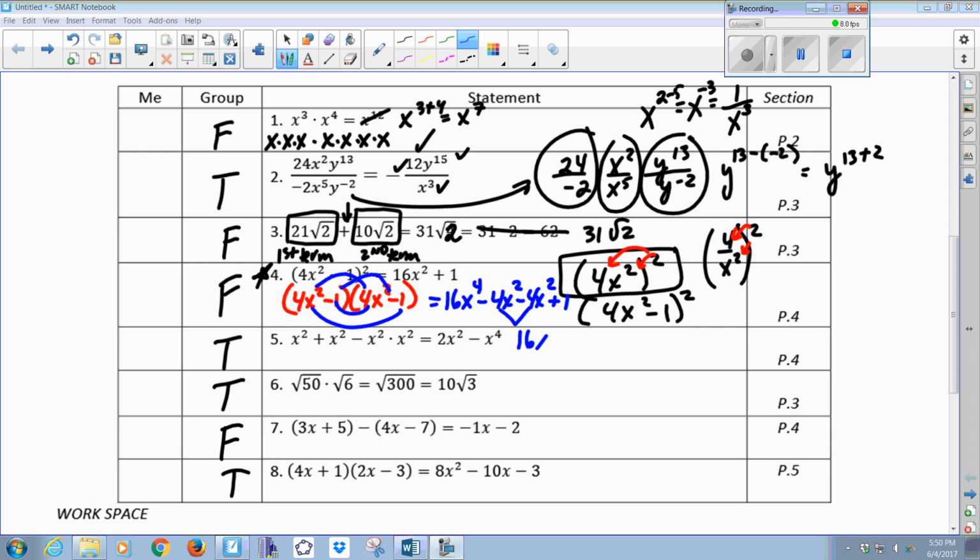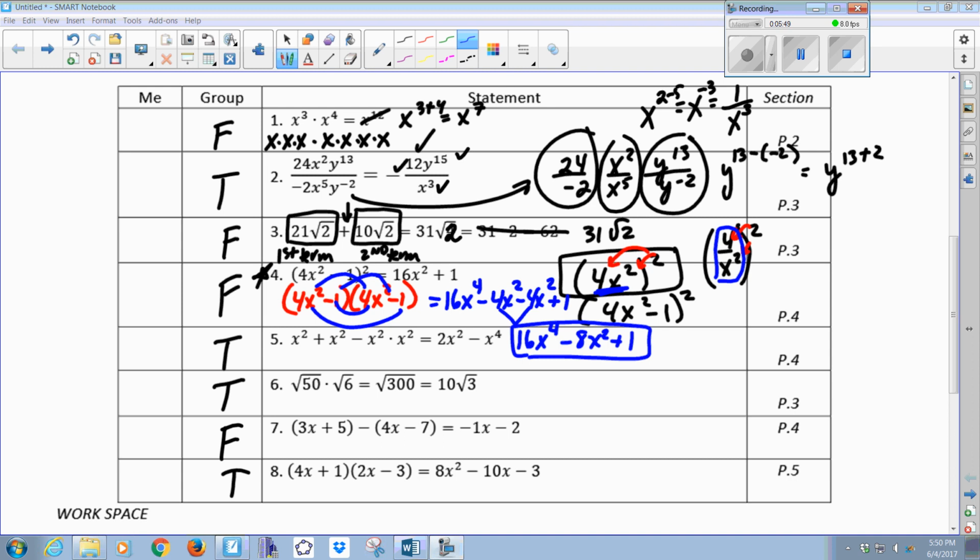We get 16x to the fourth minus 8x squared plus 1. So this is often a time when students can get very confused and they try to just apply the exponent rules here. Again, remember, unless you see multiplication or division, the exponent properties do not apply.